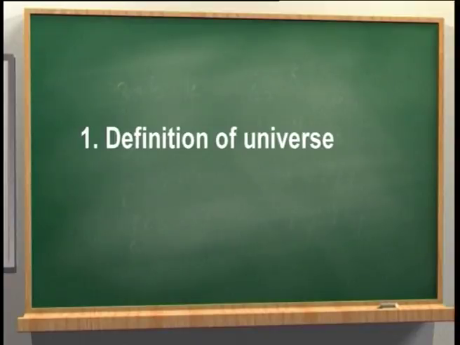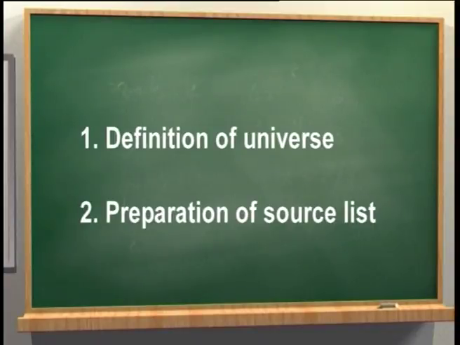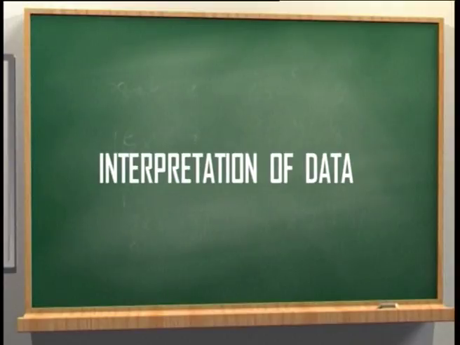While conducting research based on field work, procedural things like definition of universe, preparation of source list, etc. must be given. We use case study method, historical research, etc. He must make it clear which method is used in his research work. When a questionnaire is prepared, a copy of it must be given in the appendix.